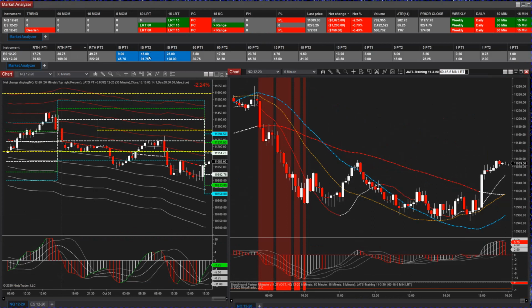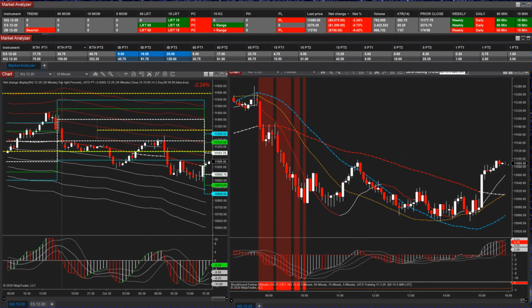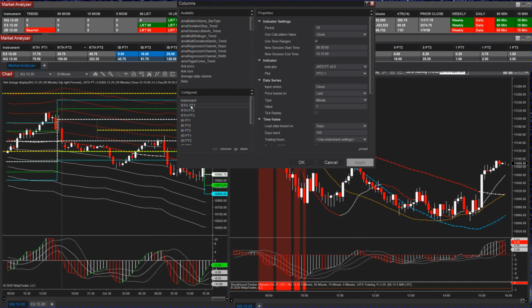So you see here on our market analyzer, I've got the indicator running through the market analyzer, the PT2, and I can tell you for the RTH range time frame between 8:30 and 15:15 how far that range distance actually is between those three levels.